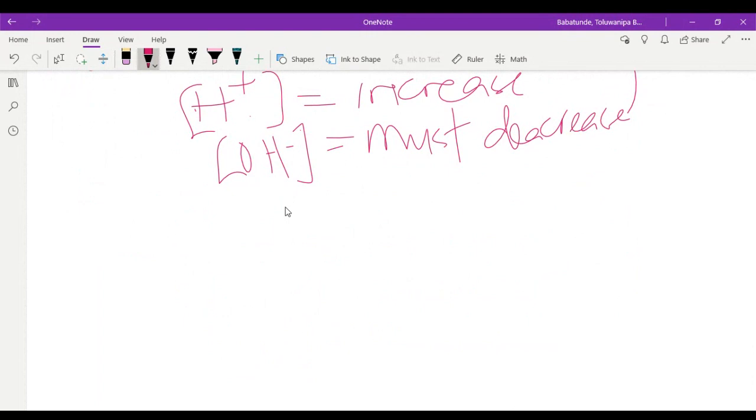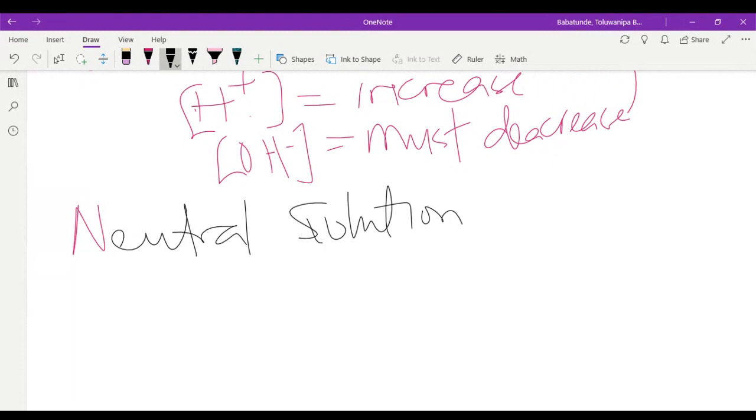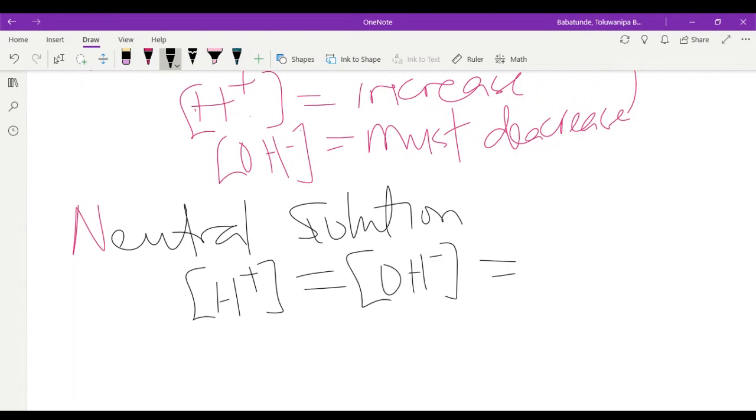So if you have a neutral solution, the hydrogen ion concentration is equal to the hydroxide ion concentration, and that is going to be 1.0 times 10 to -7 molar.